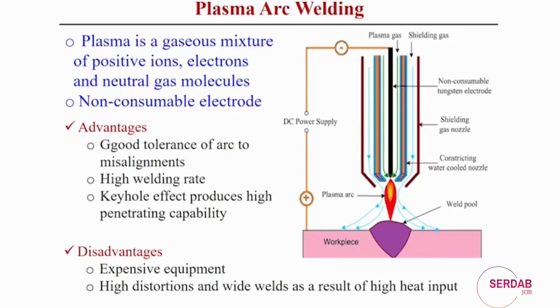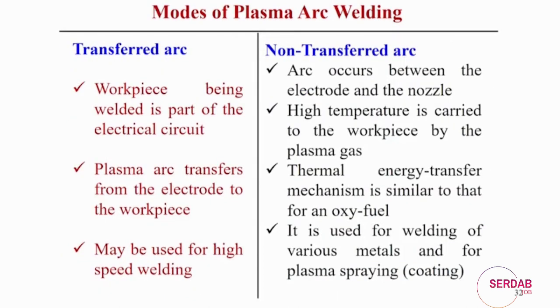But the width of the weld pool is more controllable in the plasma arc welding process as compared to the gas tungsten arc welding process. Now, normally in plasma arc welding, two modes of the plasma arc can be used. One is the transferred arc, another is the non-transferred arc. Transferred arc means, in a simple way, creating the arc between the workpiece and the electrode material.